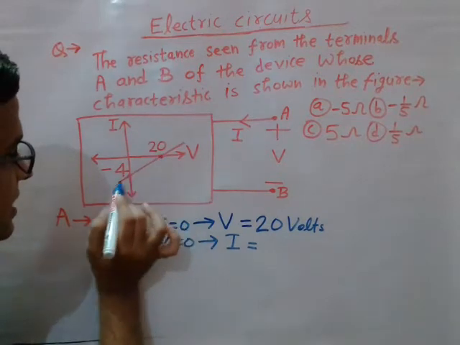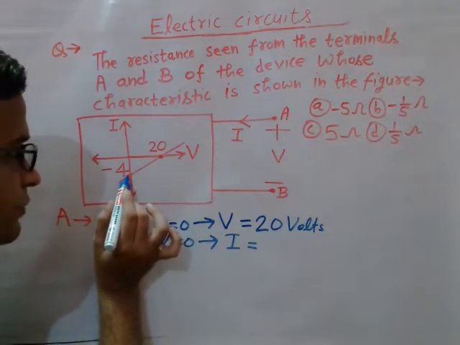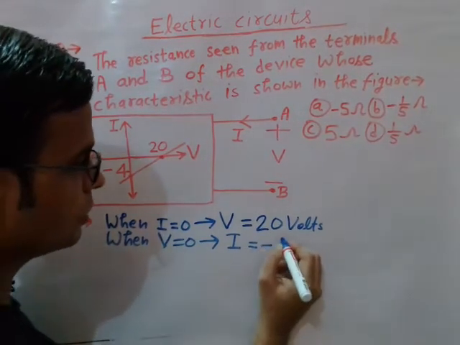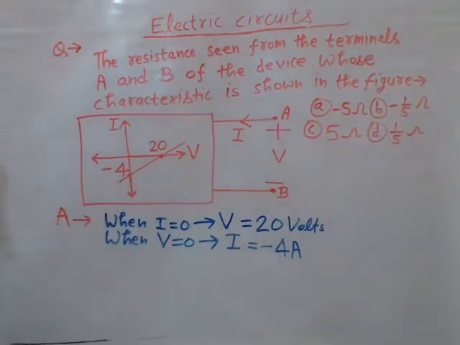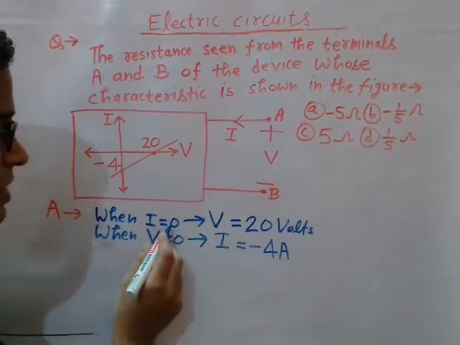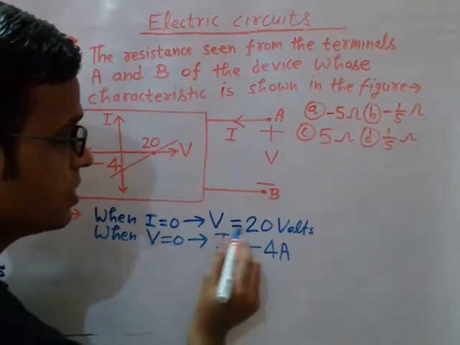So this characteristic is cutting this vertical axis at -4, at this point. So this is equal to -4 amperes, right? So when current is zero, that means in the open circuit condition, voltage is 20 volts.